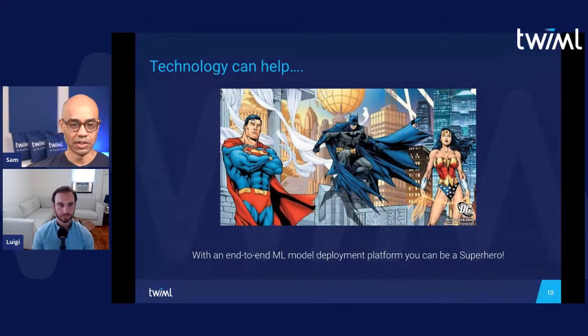I've written about this extensively in ebooks like the Definitive Guide to Machine Learning Platforms, including the experiment management challenge that we've talked about, and deployment, data management. I'm curious your take on this. What is the role of technology in helping folks solve this problem?